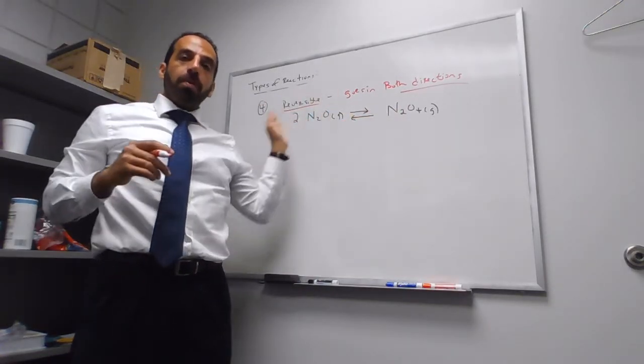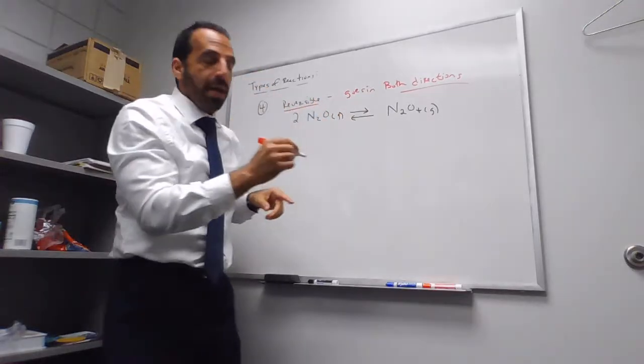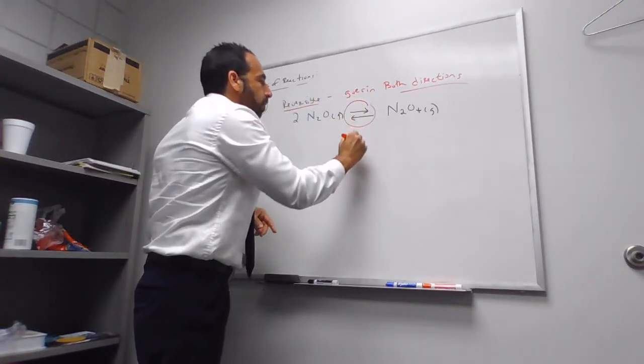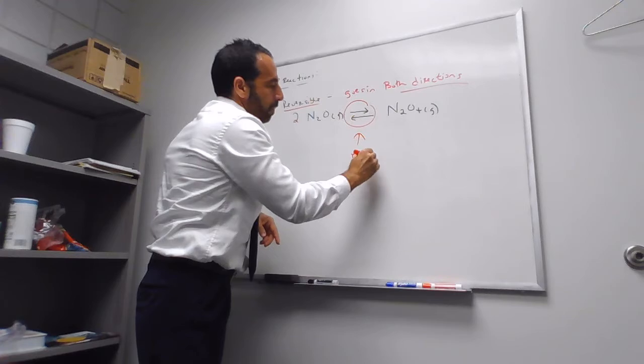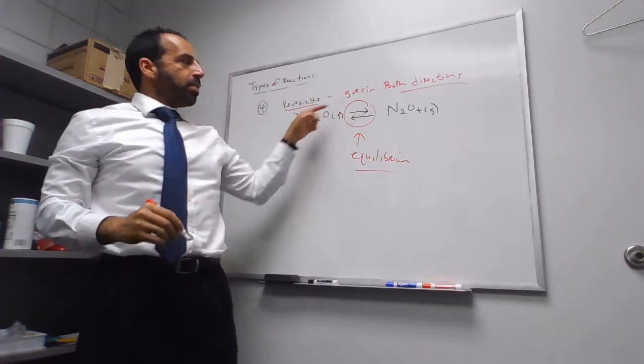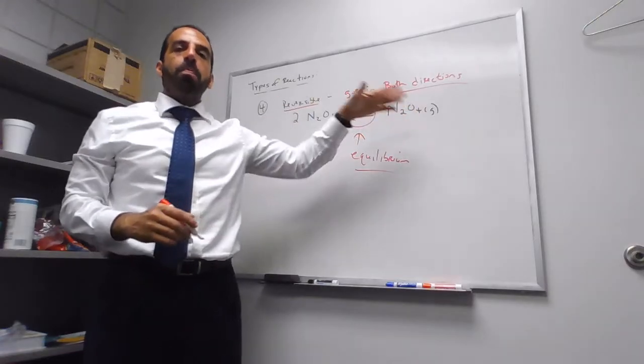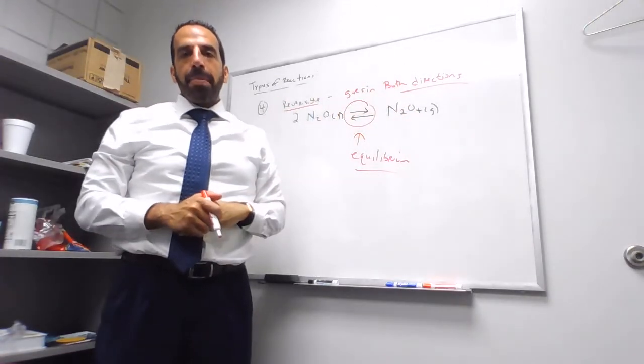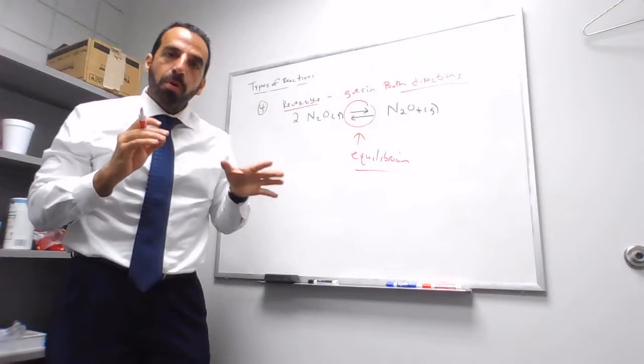So this is reversible. The way you can recognize it is that you have what is called an equilibrium symbol. It means that this goes in this direction, and this goes in this direction. They go back and forth, essentially. So that's a reversible reaction.